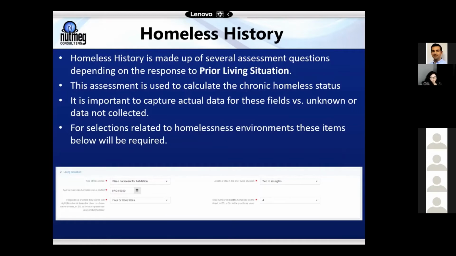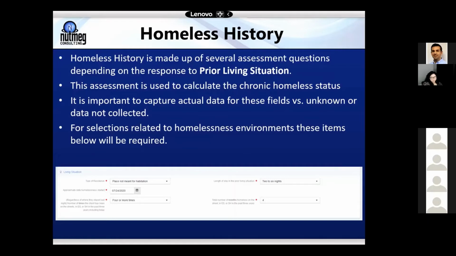So number one, obviously they have to be disabled. So it's important after that to make sure that you're capturing the fields as accurately as possible and limiting the number of don't knows or unknowns for these fields, because these selections, as they relate to homeless environment, are required fields. But if you don't have substantive data, then the system can't accurately calculate whether or not the household was chronic.